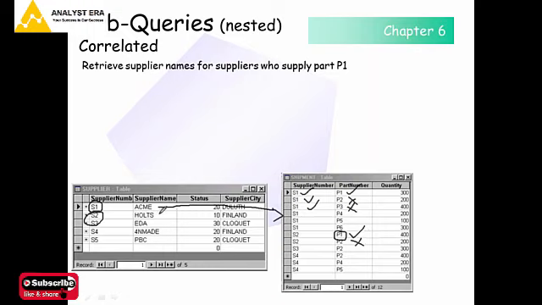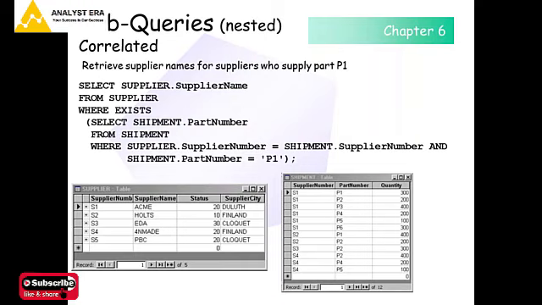So every time the parent row is submitted to the child query, and taking that parent row, it is going to check whether the existence is there or not. So it is not like a regular subquery. It's a correlated subquery.